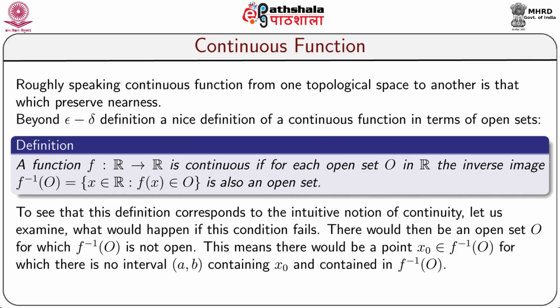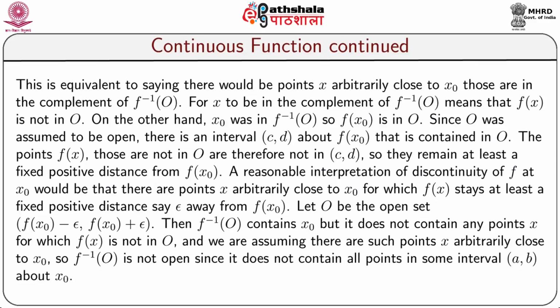We know the epsilon-delta definition of continuity. But this definition also comes in elementary real analysis: a function f from R to R is continuous if for each open set O in R, the inverse image f inverse of O is also an open set. We will use this definition to define continuous functions between two topological spaces. This definition in fact preserves continuity.